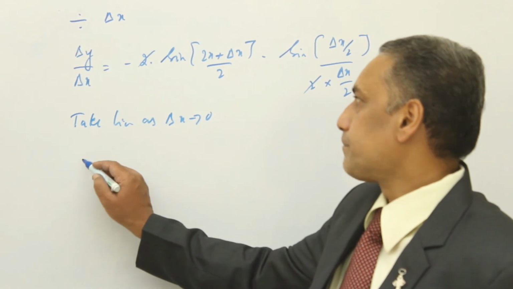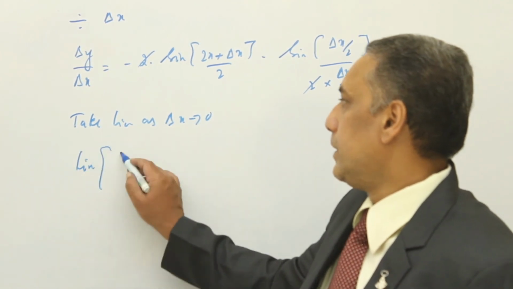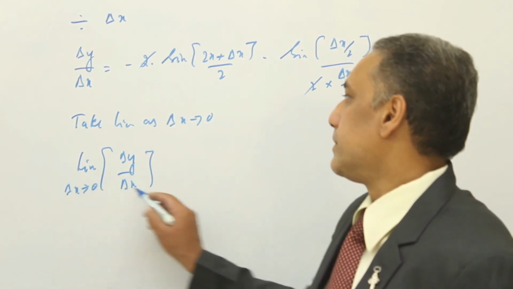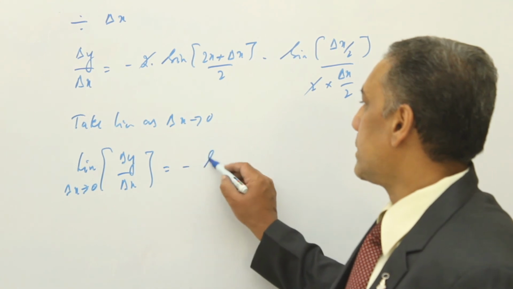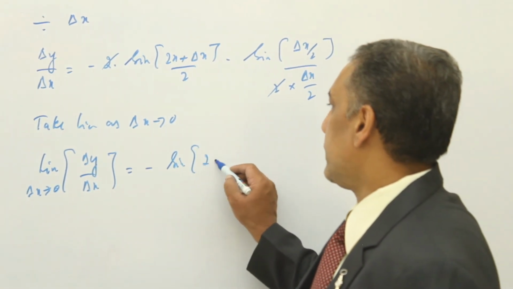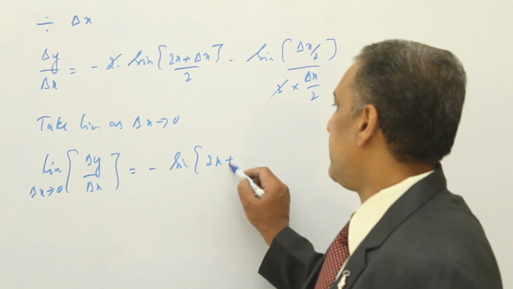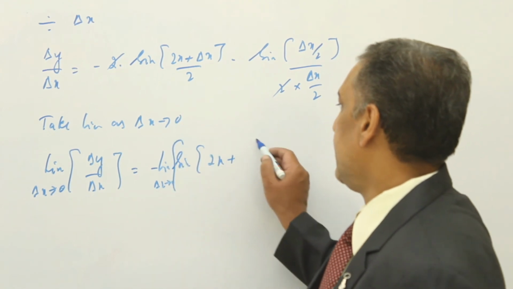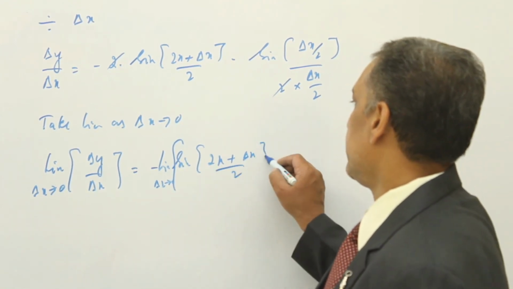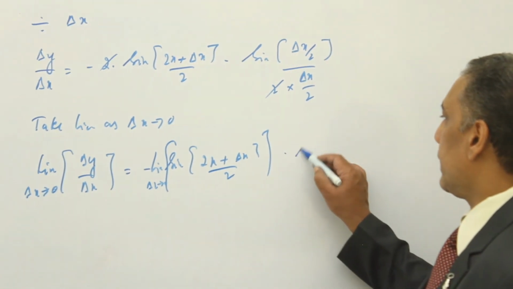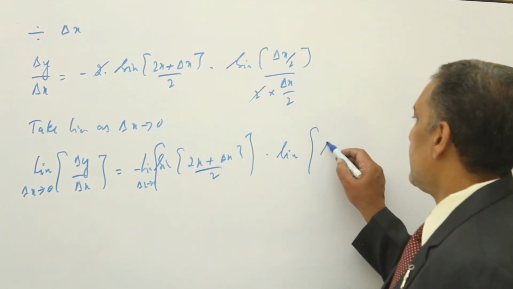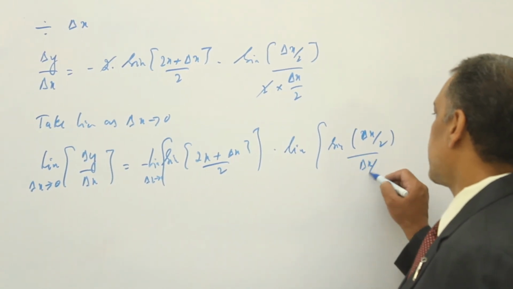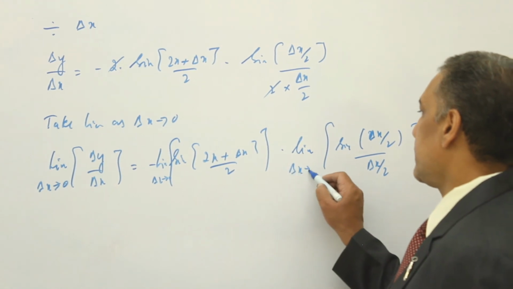So you'll be getting the limit of delta y by delta x as delta x tends to 0 equals minus sine of 2x plus delta x divided by 2, taking the limit as delta x tends to 0, into the limit of sine of delta x by 2 divided by delta x by 2 as delta x tends to 0.